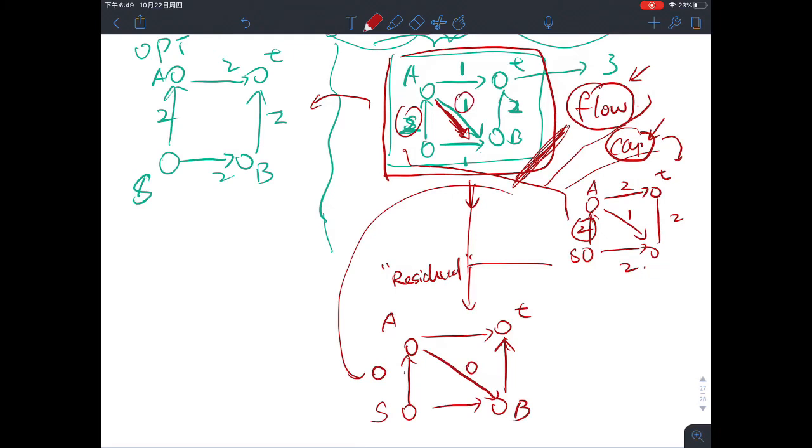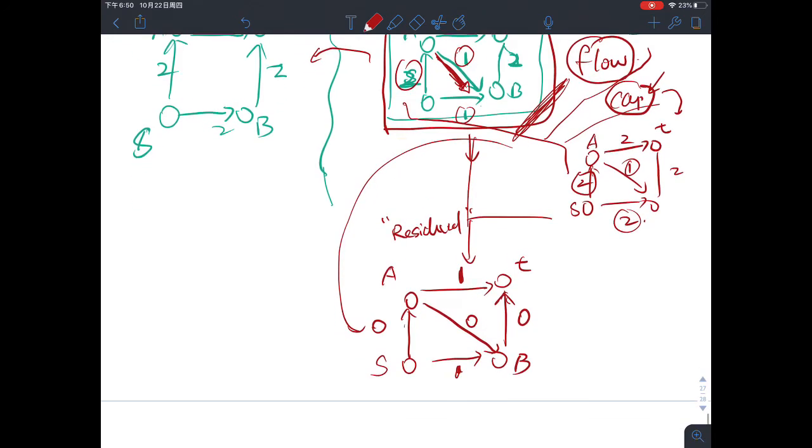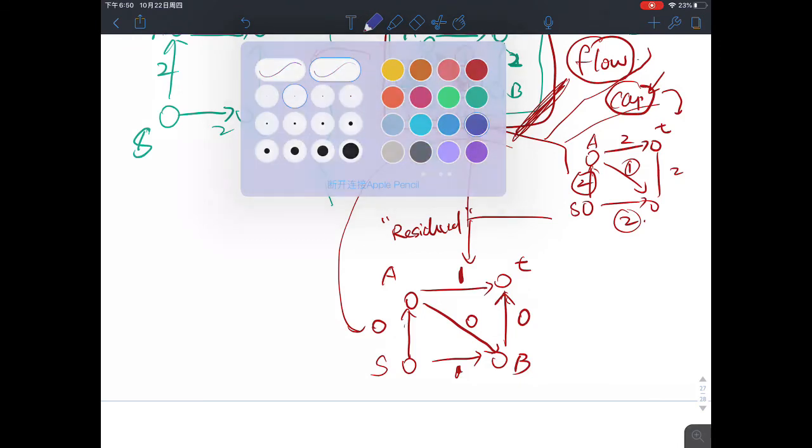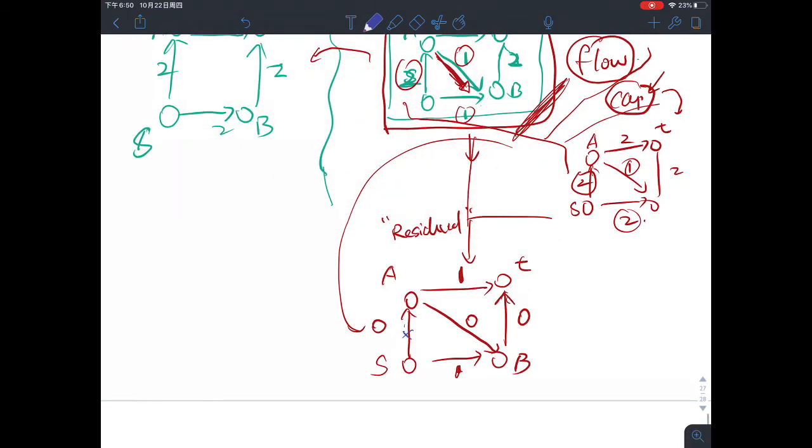This is 1 minus 1, and 2 minus 1 is 1 here. And then 2 minus 2 is 0, and this is 1. So this is the residual network we were able to compute. All these 3 edges are deleted, and the only remaining edges would be A to T and S to B. That's the reason we came to the conclusion that we can no longer improve the performance of this flow.